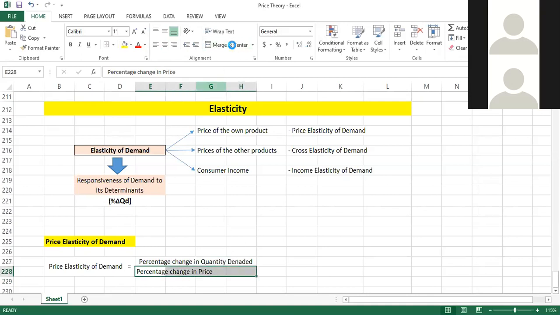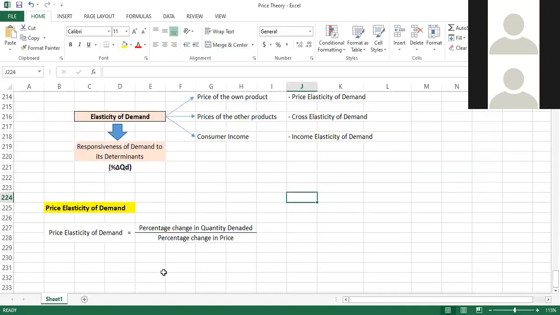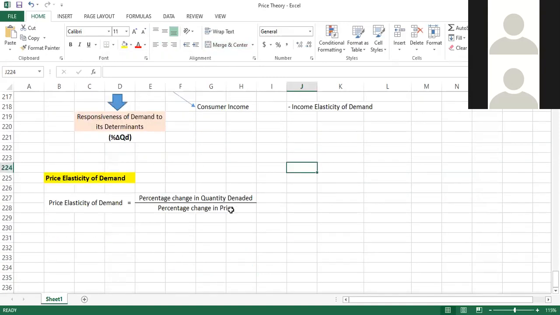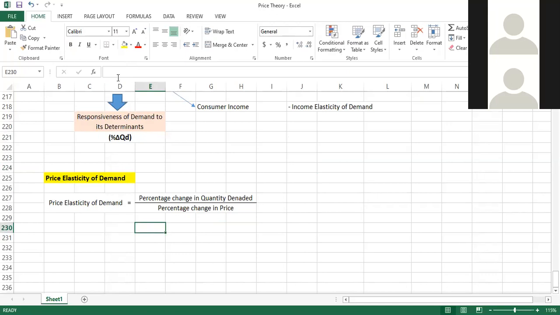So this is what we measure. The meaning of price elasticity of demand: when the price of a product changes by certain percentage, what is the percentage change in quantity demand, right? So which we can also write like this. So this is the percentage change in quantity demand, and it should be divided by the percentage change in the price.